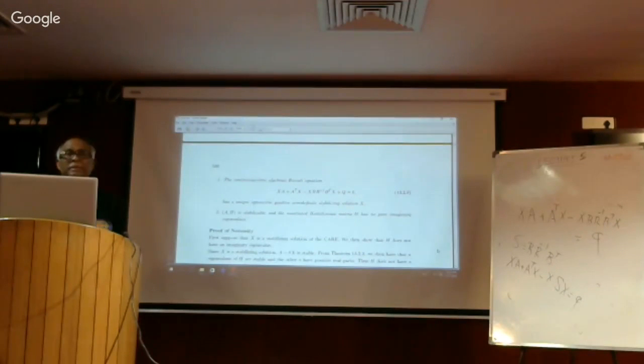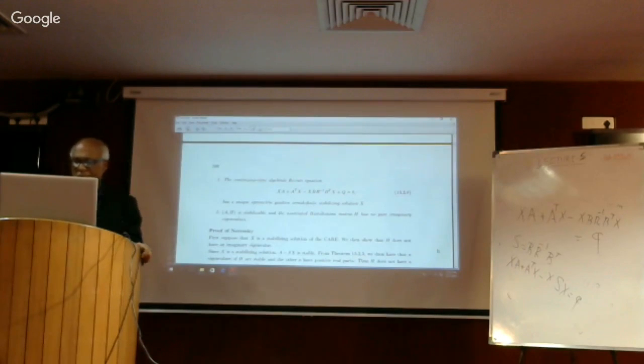If H has any imaginary eigenvalue, then that solution will not be stabilizing. So we have to work with the Hamiltonian matrix in such a way that we filter out the imaginary eigenvalues, so that the solution will be a stabilizing solution.